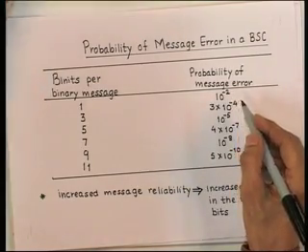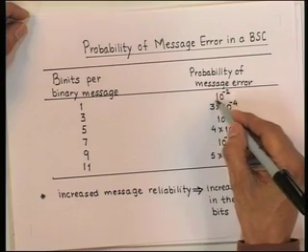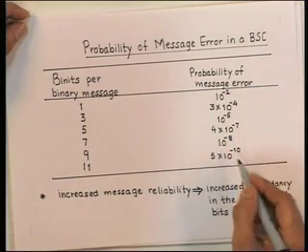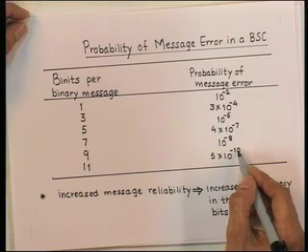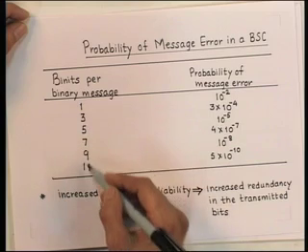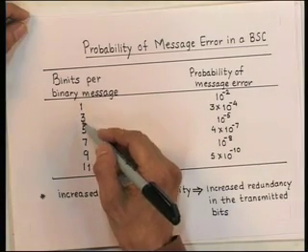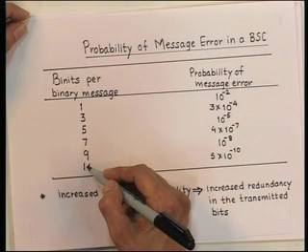In other words, although we may decrease the probability of error from 10 raised to minus 2 to 5 multiplied by 10 raised to minus 10 by going from 1 Binet per binary message to 11 Binets per binary message, we also decrease the message rate from 1 message per Binet to 1 by 11 message per Binet.